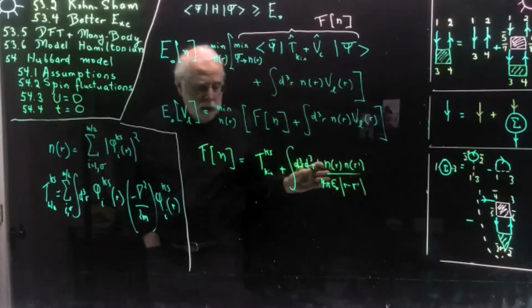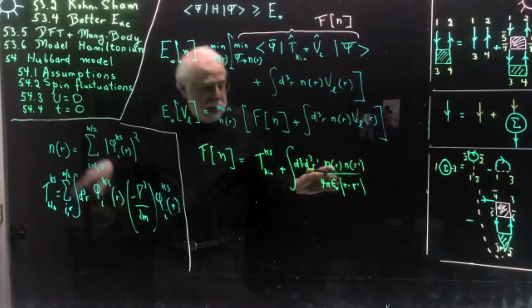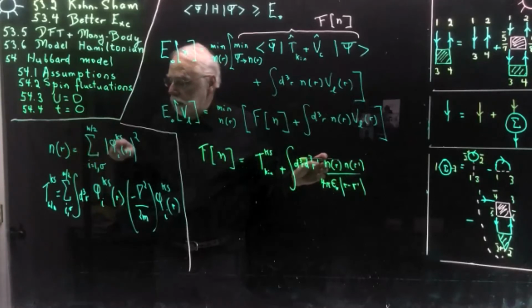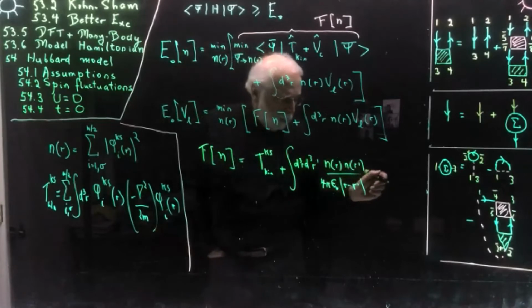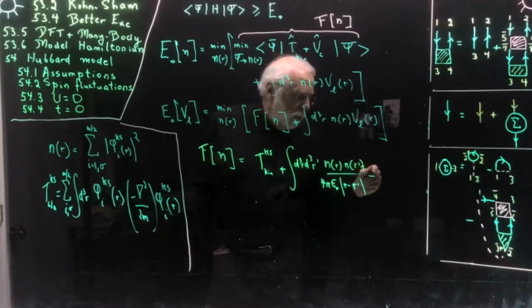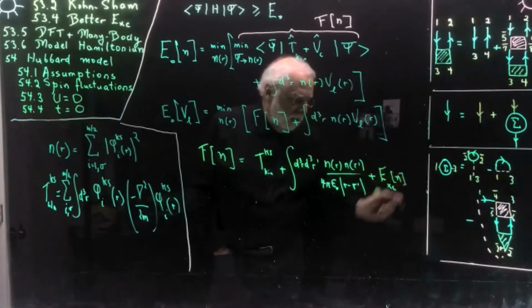So when I mean n of r here, I mean this quantity. It's written in terms of the Kohn-Sham orbitals. And then we put all our ignorance into this function now, exchange correlation, as a functional of n.